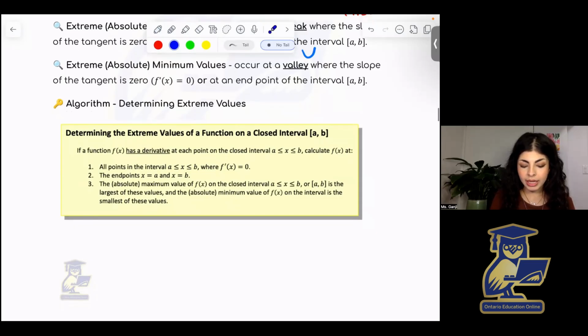So we calculate it at the points where f prime of x is equal to 0, so our critical points. And we also evaluate at the endpoints x is equal to a and x is equal to b. And we conclude that the absolute maximum value is the largest of these values, and the absolute minimum value is the smallest of these values.